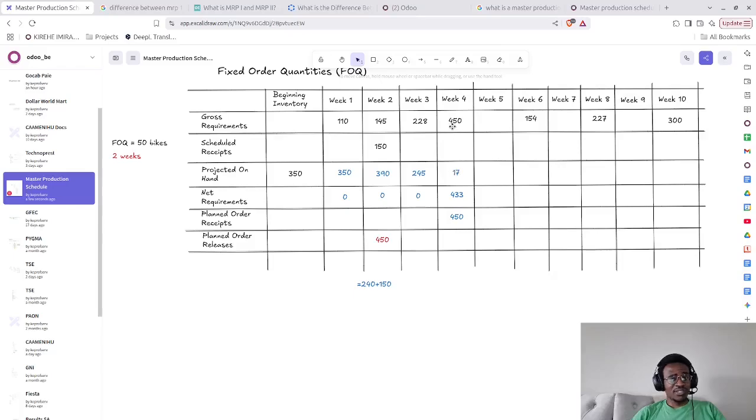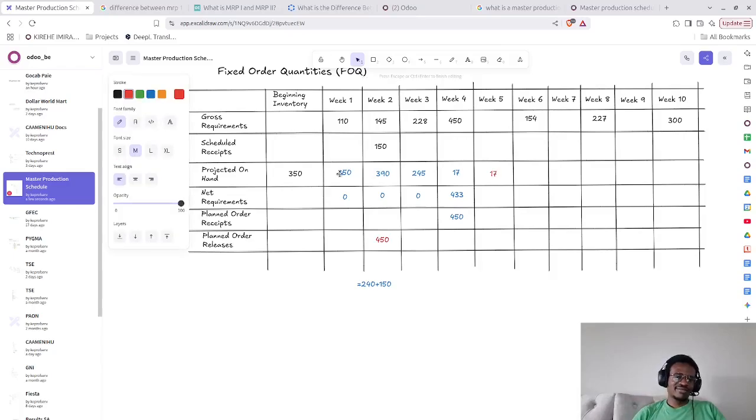When I sell 450, what am I left with? 17. So I hope you can follow. So 17, and in this week I have 0 requirements. So here I sell, so I carry 17 bicycles on hand into week 6.